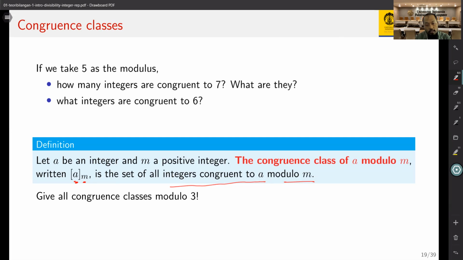Now if you look at congruence classes modulo 3, what are they? For example, let's start with the easiest one, 3. What will be the numbers congruent to 3 modulo 3? The answer is, anyone?